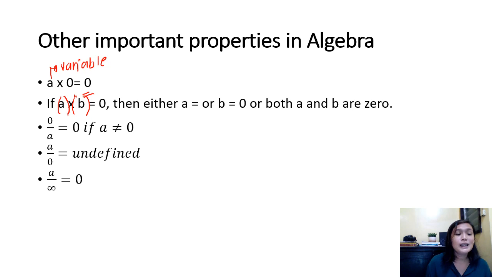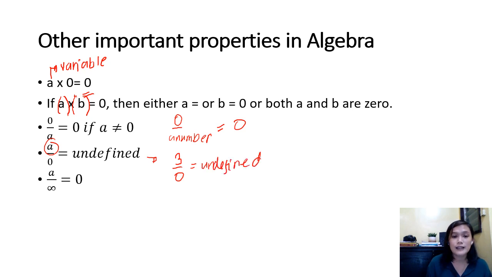So if you have 0 over a number, this is equal to 0. For example, 0 over 3, the result is 0. If any number is divided by 0, that is the time it will be undefined. For example, 3 over 0 means undefined.